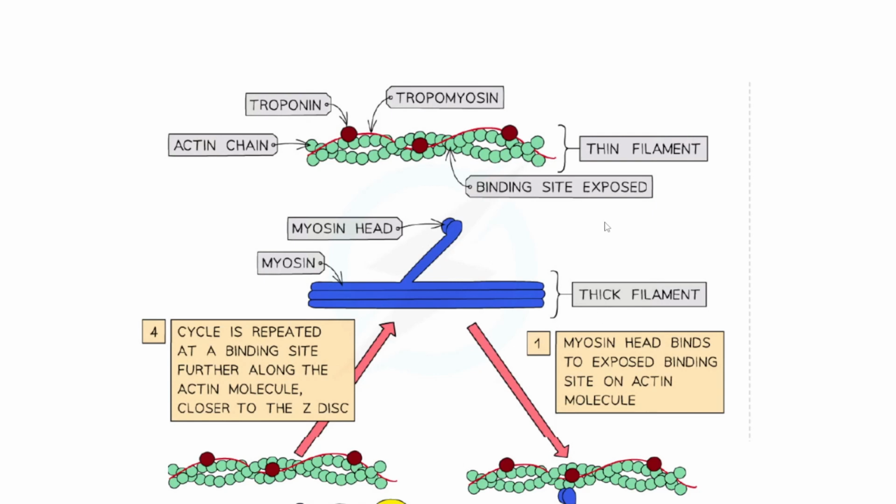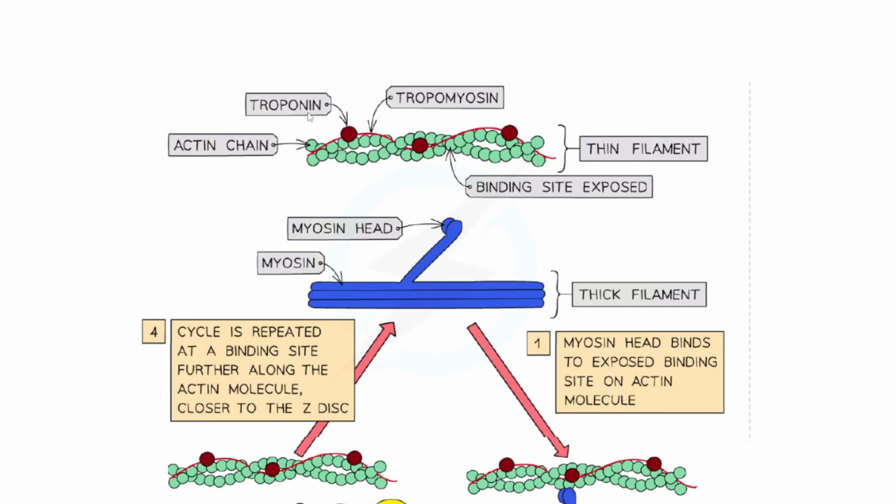Remember that this is tropomyosin and troponin, right? What are tropomyosin and troponin? Tropomyosin is the line here, the red color line, and troponin is the circle here.